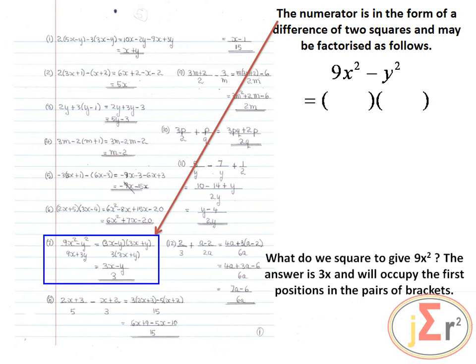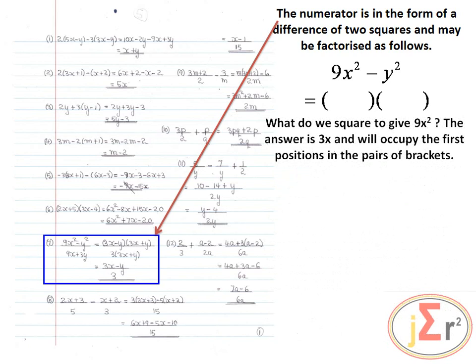In factorizing the difference of 2 squares, we are attempting to find what expression we square to get 9x squared. So what do we square to give 9x squared? We square actually 3x. Therefore 3x will be in the brackets there and there. And then we say, what do we square in order to get y squared?